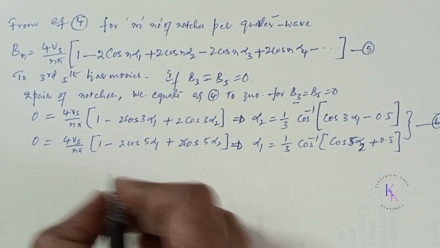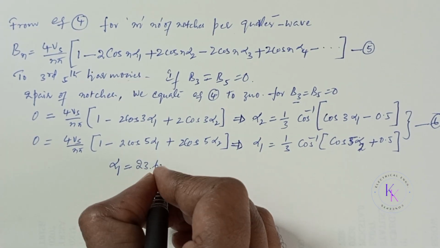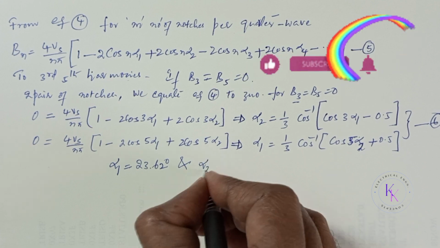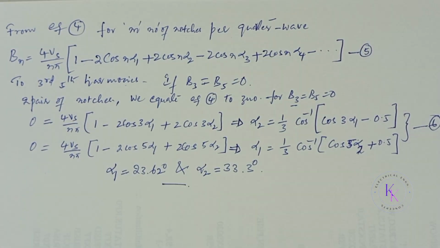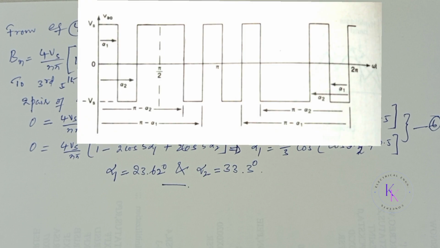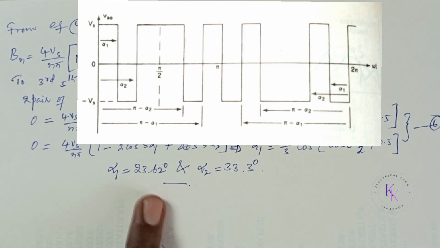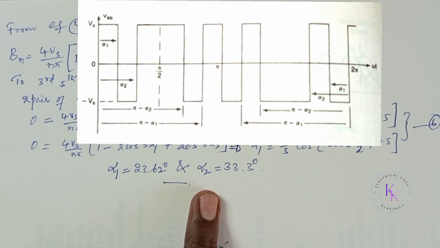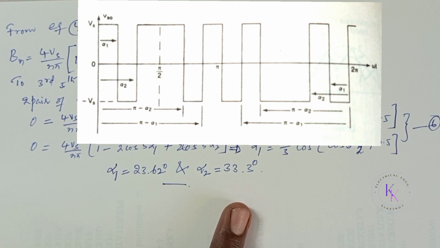The result is alpha 1 equals 23.62 degrees and alpha 2 equals 33.3 degrees. So by introducing notch 1 at alpha 1 equals 23.62 degrees and notch 2 at alpha 2 equals 33.3 degrees, we eliminate the third and fifth harmonics in the waveform shown.